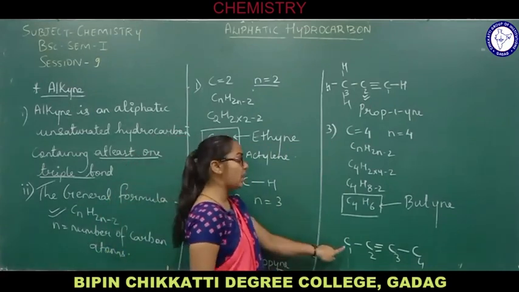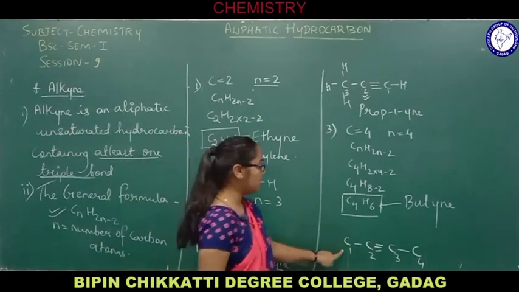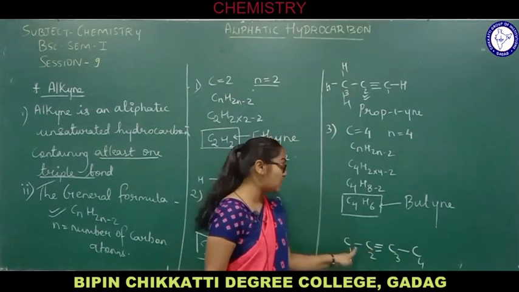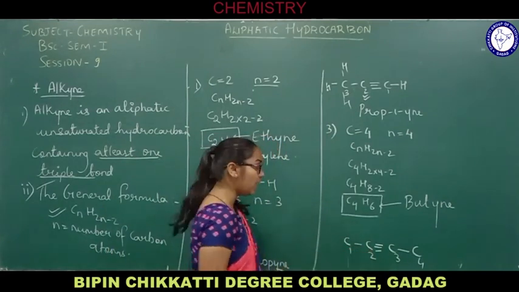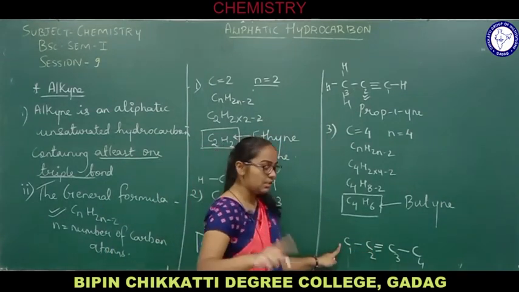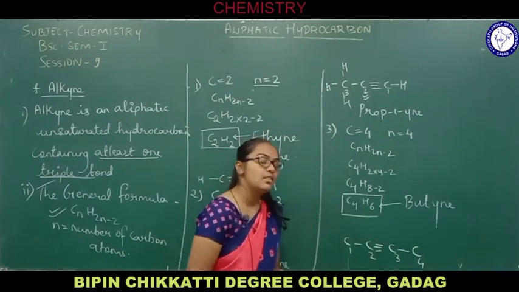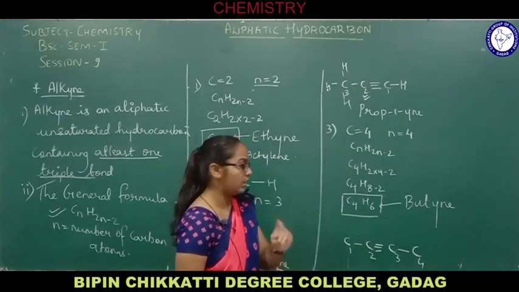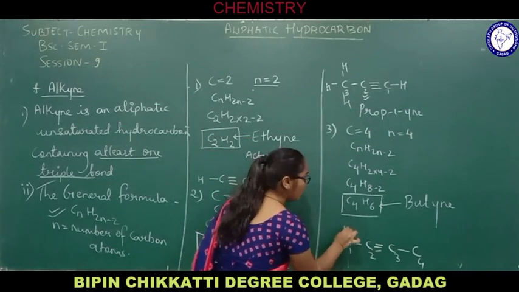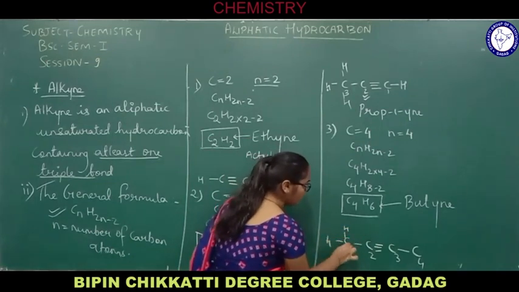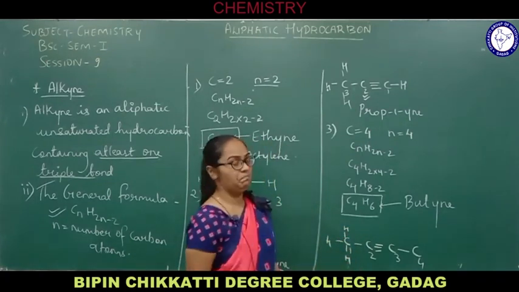Now let's start with carbon number 1. Carbon number 1 is attached to carbon number 2 by sharing a bond, so one bond of carbon is already utilized. How many remain? 3. So 3 hydrogen atoms will get attached to this first carbon.